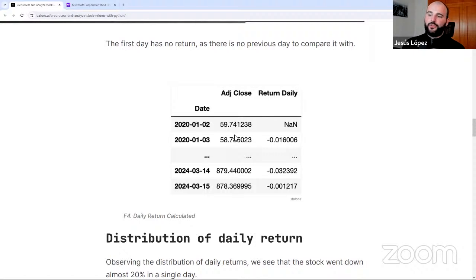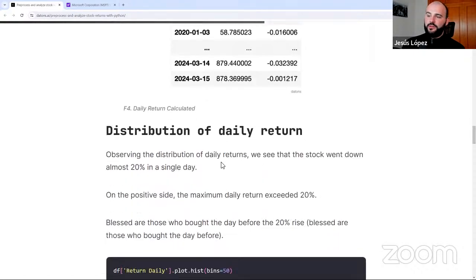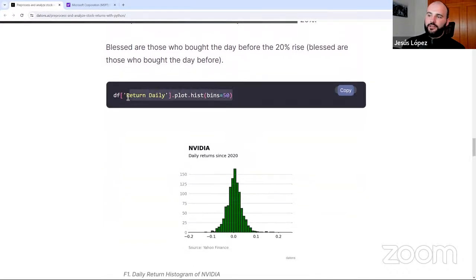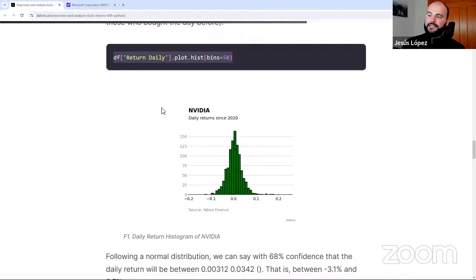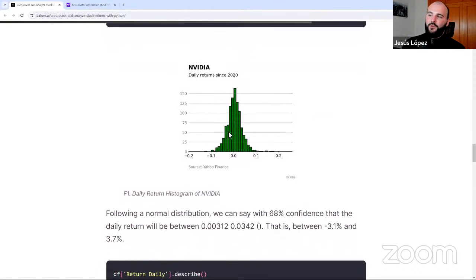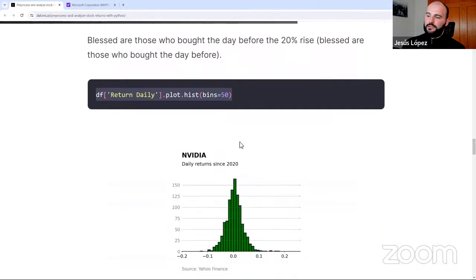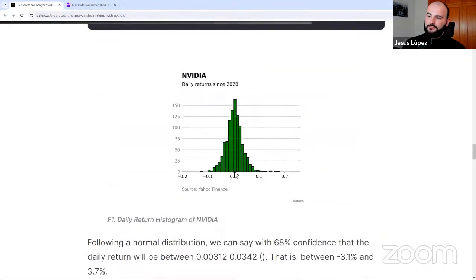Now, if I want to see the distribution of the daily return, I can simply plot a histogram. And here I can see that most of the days the stock was around 0%, and very few days were 20%, minus 10%, minus 20%.